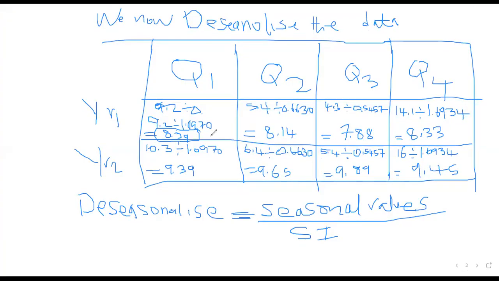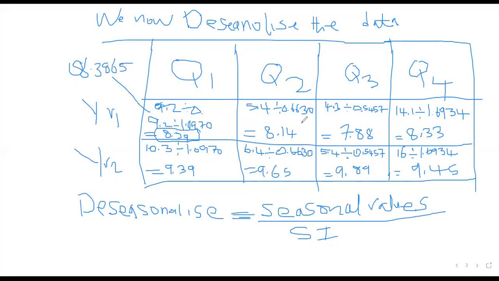So 9.9.2, okay, then divide by 1.097 should give us 8.3865.